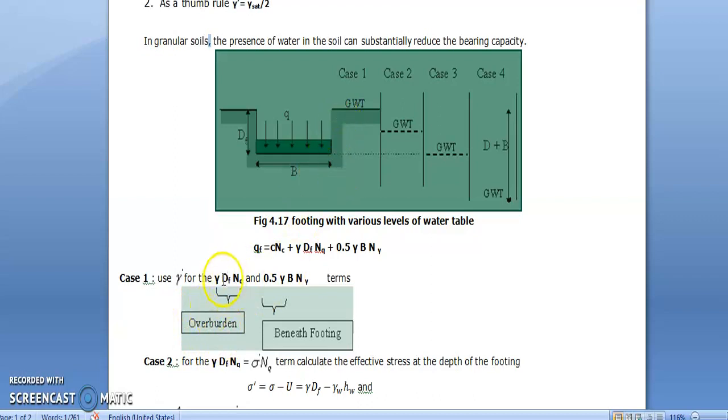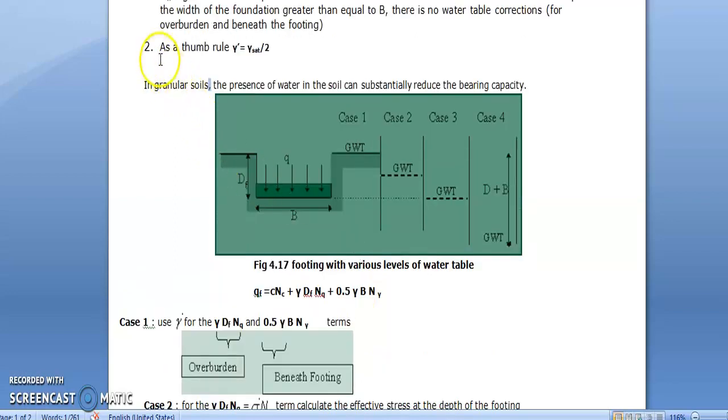So this gamma will change based on the soil conditions above the foundation level. The third term is talking about the soil conditions below the foundation level. If the soil above the foundation level is getting moistened or submerged, then the second term will change. If the soil below the foundation is getting submerged, then the third term will change. Is that understood? It's very simple.